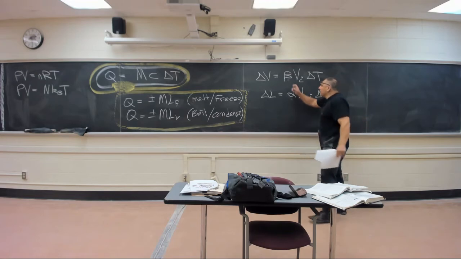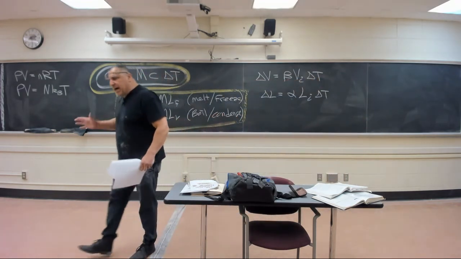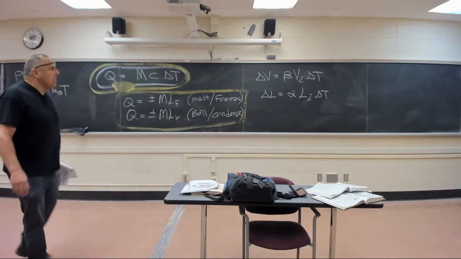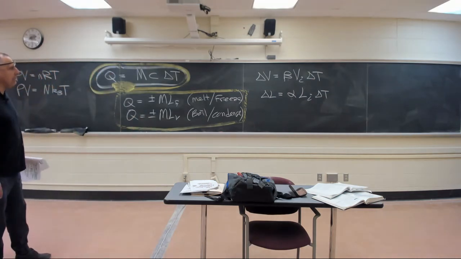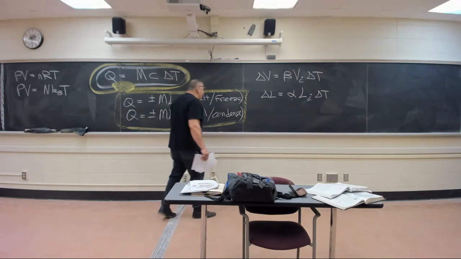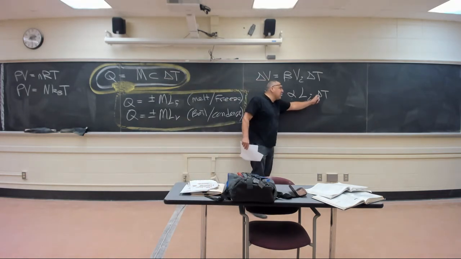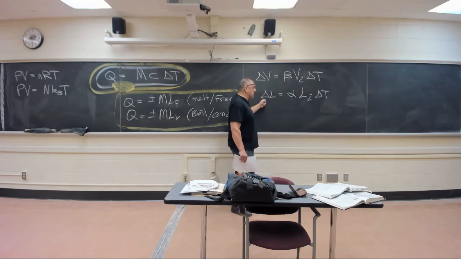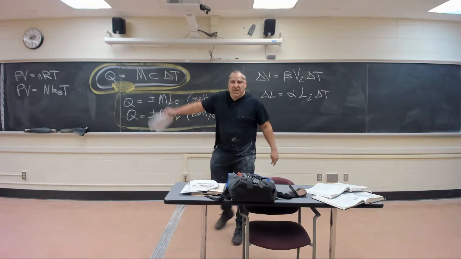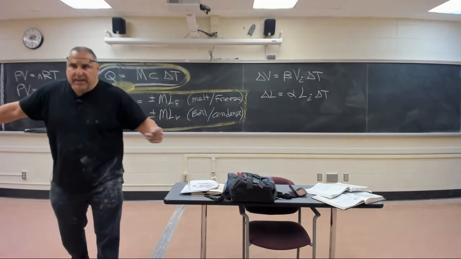That comes from a calculus problem. If you were to cube something, the derivative of something cubed is 3 times something squared. So there are ways that can be viewed. We'd have to look at it, but for right now, we're not worrying about that. We're saying, okay, they gave us this. It makes sense to me. The longer something is, if you can get it to change temperature, yes, the length will change a lot more. A very, very long piece of steel, if its temperature is changed quite a bit, there's going to be a big difference.